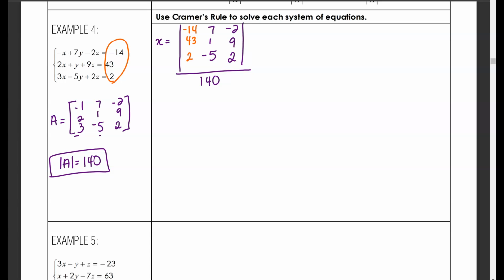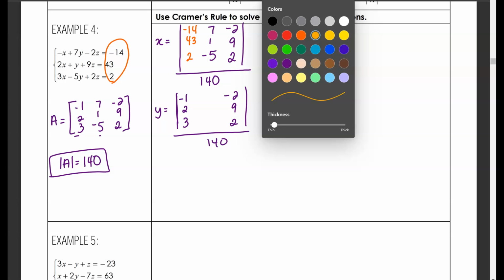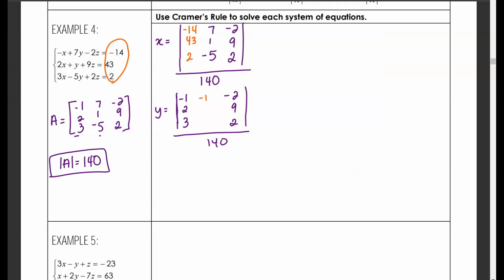All right, let's set up y. For y, we are going to have negative 1, 2, 3, and negative 2, 9, 2, all over 140, and we're going to replace those y values with negative 14, 43, and 2.